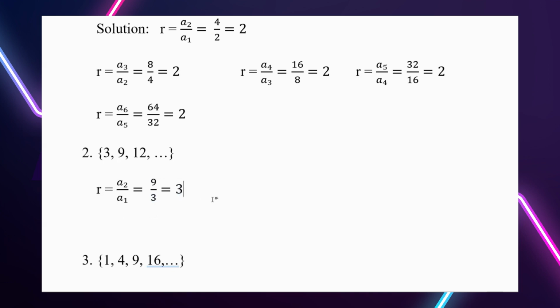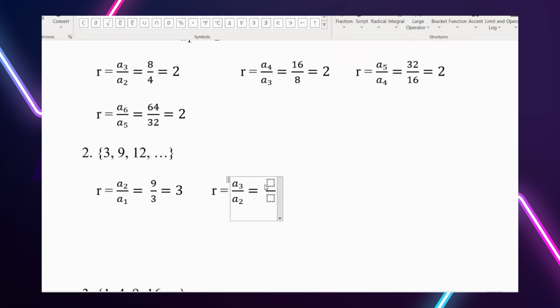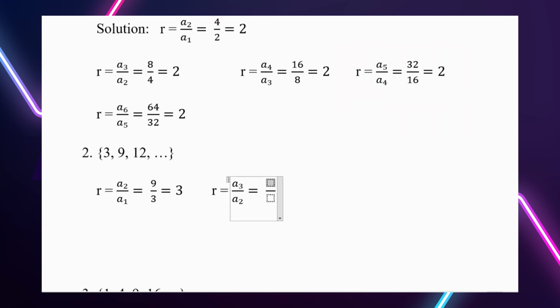Next, let us identify the ratio of a sub 3 and a sub 2. So, the value of a sub 3 is 12, and a sub 2 is 9.